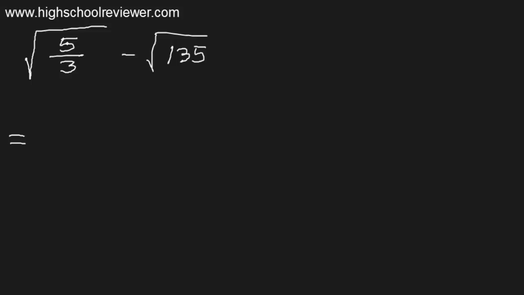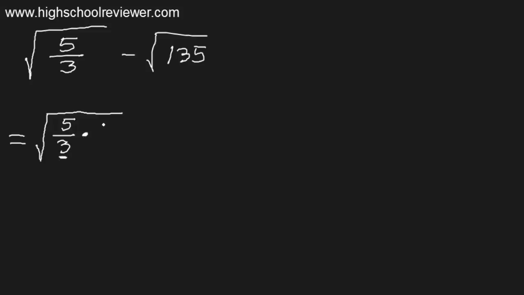Since this is a fractional radicand, this is what we are going to do. So square root of 5 over 3. To simplify this, we are going to multiply this by a fraction. So the numerator and the denominator will be the same as our denominator.